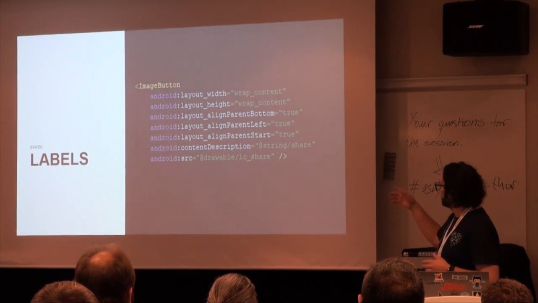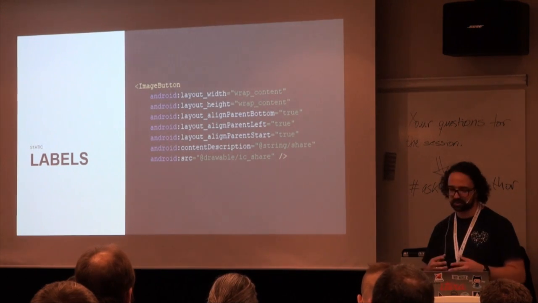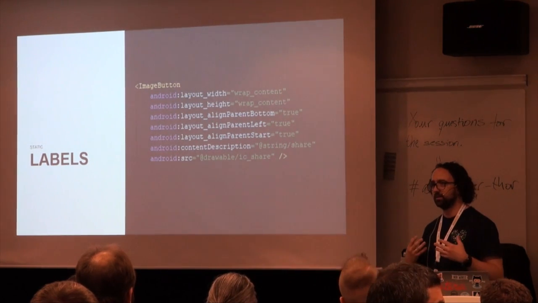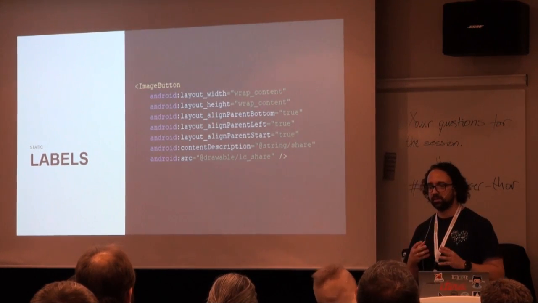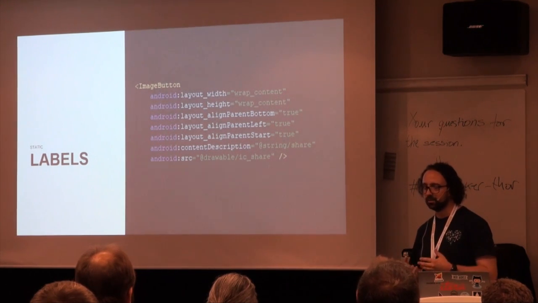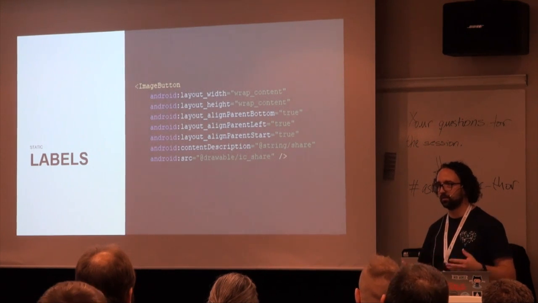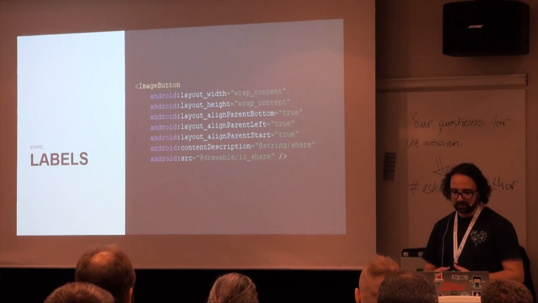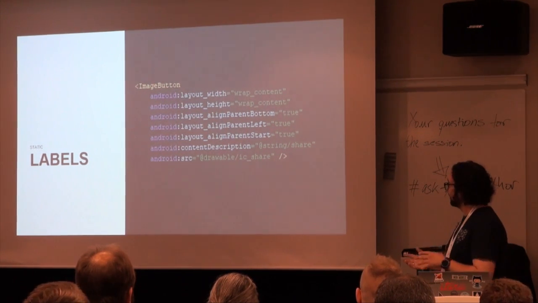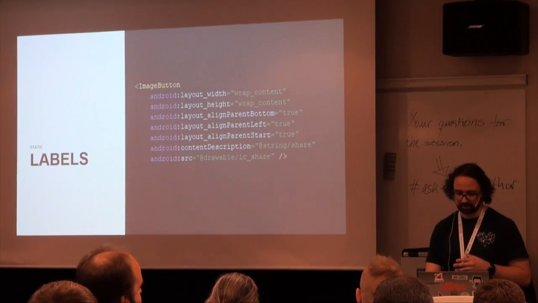If you see on the second line from the bottom, the content description, you can add text. This could be thought of as the same as the alt text in HTML, which can be used for images and other components. So for static components, this is a good way to go.